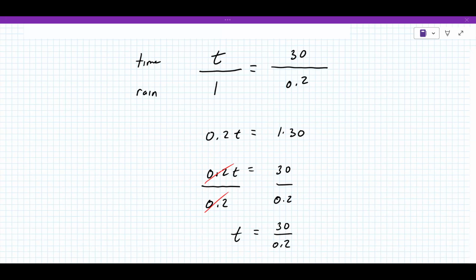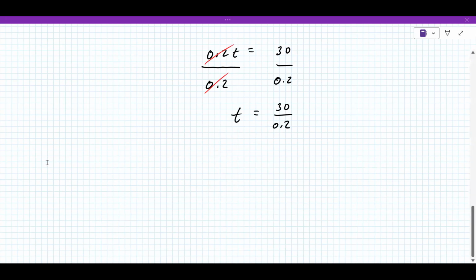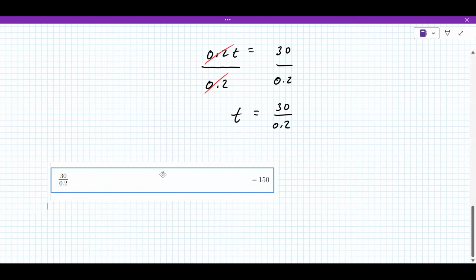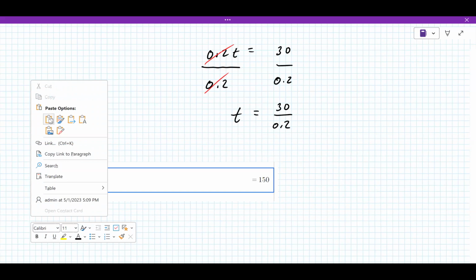So let me snip that in case you want to try that out later. When I go to that calculator, I can type in 30 over 0.2. It can even put an equal sign in front of the variable, which is really cool. I'm just snipping it in. You can go there and try it out if you want.